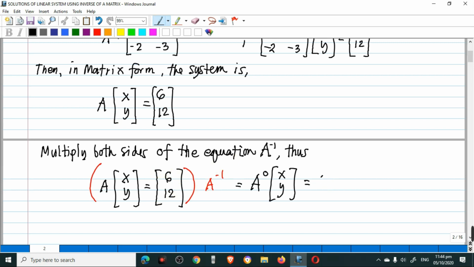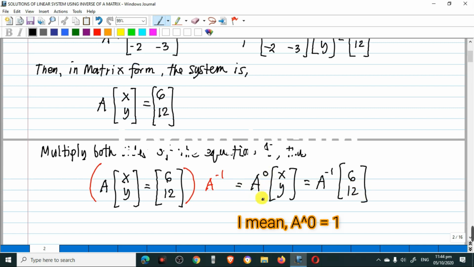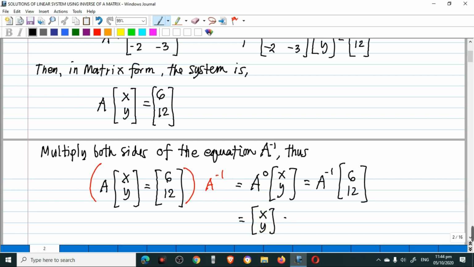Or this is equal to A raised to negative 1 multiplied by 6 and 12, which are the entries of your 2 by 1 matrix. And A raised to 0 is equal to 1, right? So I can simply write it down as the 2 by 1 matrix x and y is equal to A raised to negative 1 times 6 and 12.